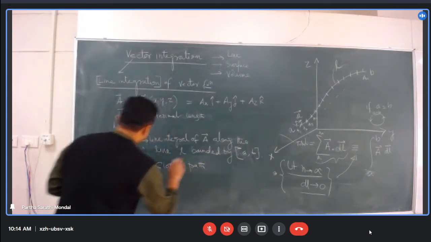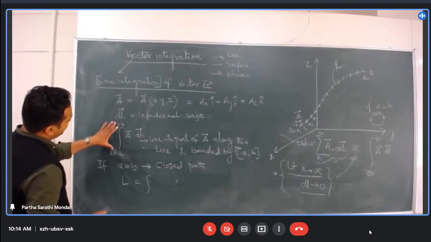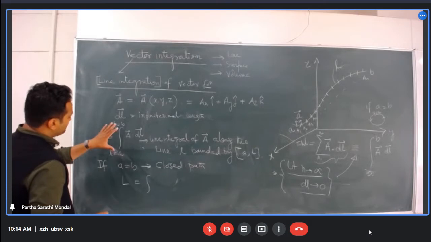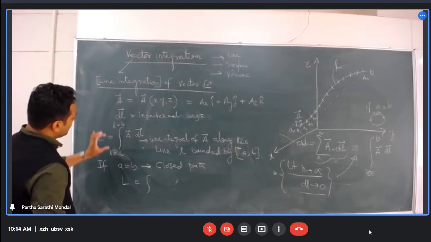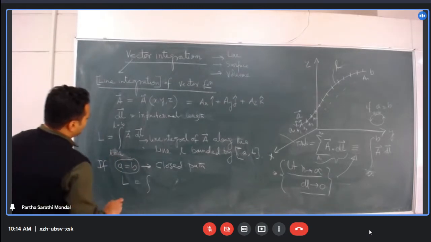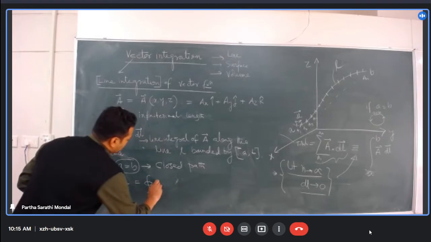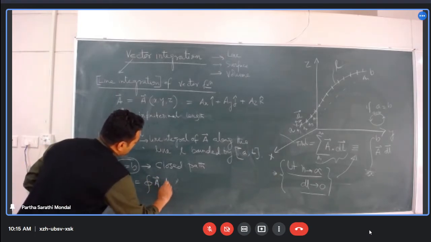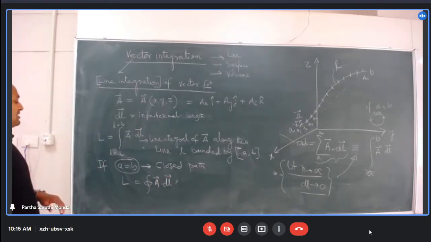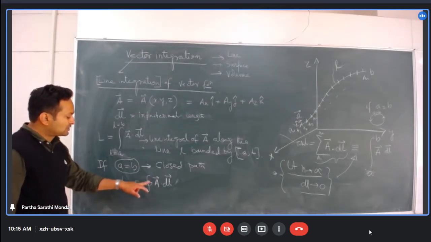So in that case, the line integral will write instead of A to B, it's open. It's bounded obviously by two limits. If the two limits are the same, initial and final, it will become a closed path, and we use this kind of symbol to describe the line integral about a closed path by using a contour circle.